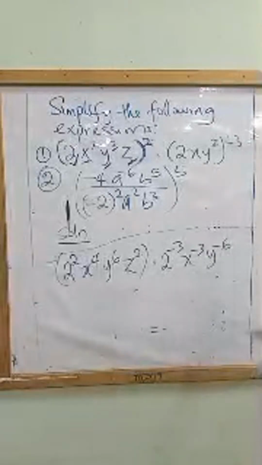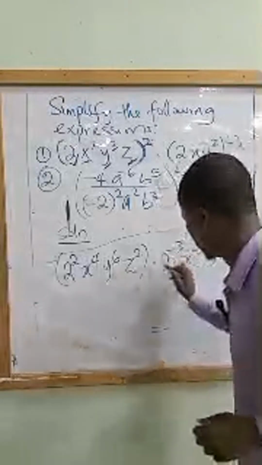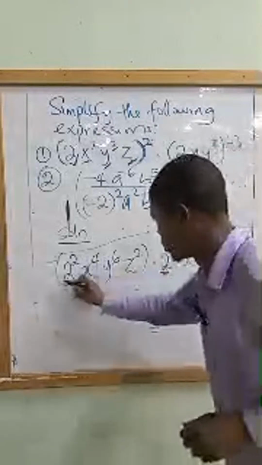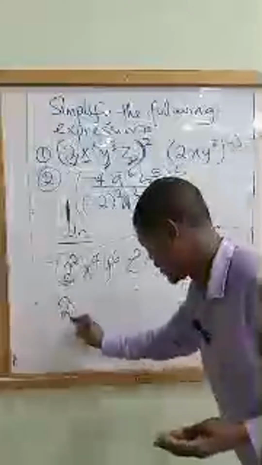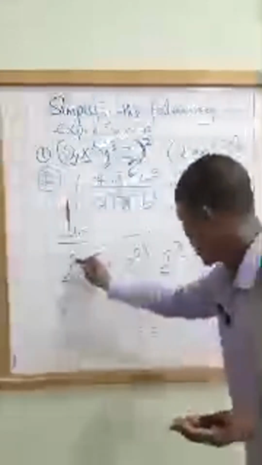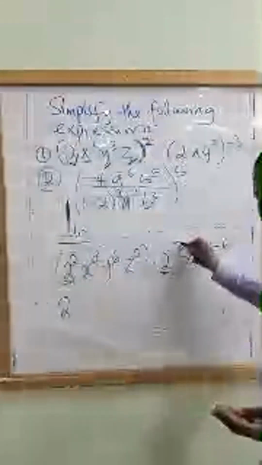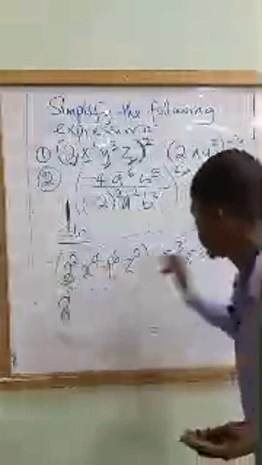Okay. Since we're multiplying this one and this one, they have the same base. You can pick one of the bases and add the powers together. That will be 2 plus minus 3.